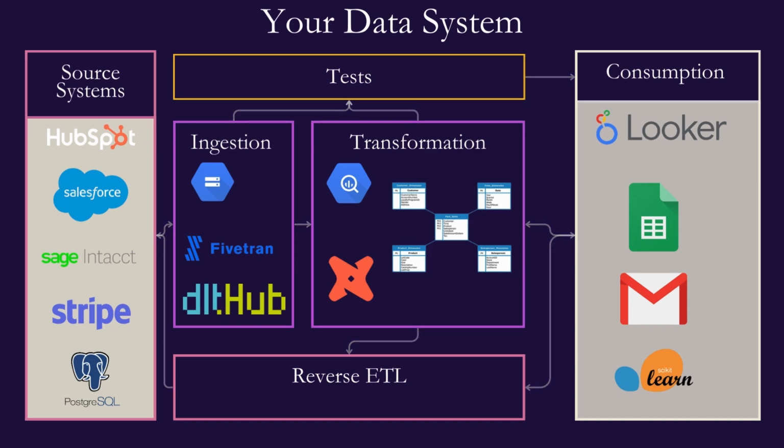So moving left to right, we'll start at where the data begins, in these source systems. Being a system admin doesn't really fall under data engineering roles and responsibilities, but you'll find yourself in one way or another doing that or suggesting actions being taken, whether that's adding an additional field to a Salesforce object or creating an entirely new table in a Postgres database so you can capture the key events.